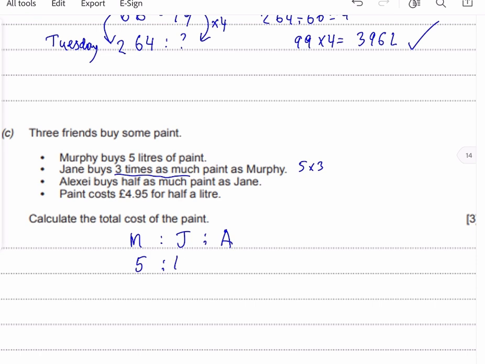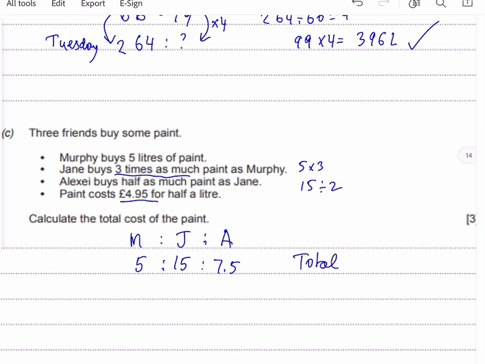So that becomes 5 times 3, 15. And Alex buys half as much as Jane. So we're going to divide Jane's part by 2, 7.5. It's okay to have decimal numbers in a ratio. You can use decimals. So 5 to 15 to 7.5.